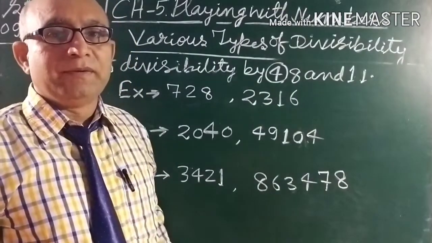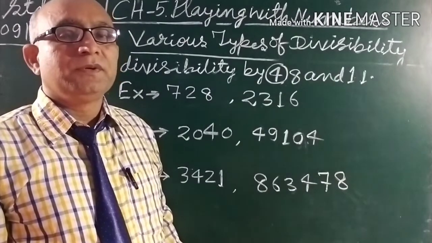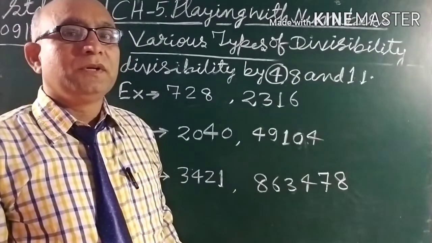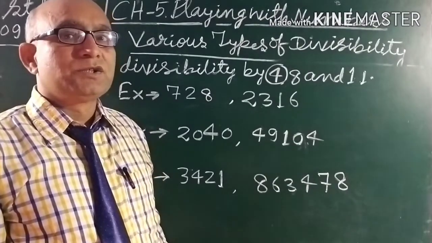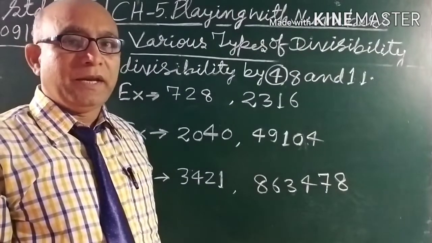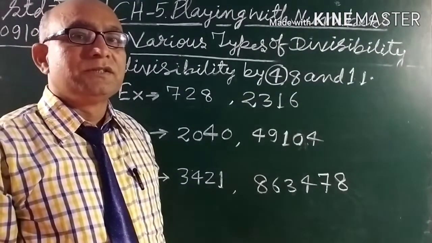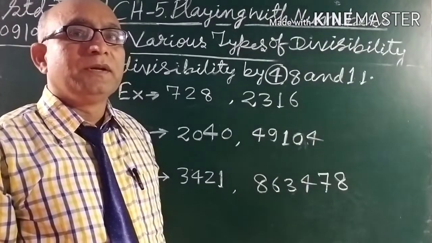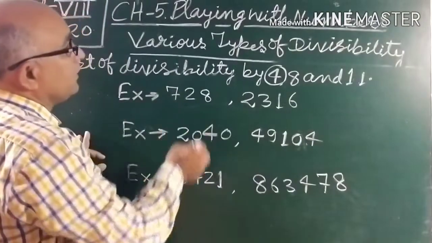A given number is divisible by 4 if the number formed by its last two digits is divisible by 4.